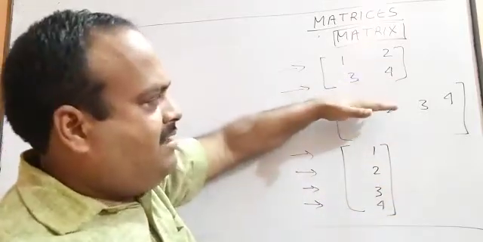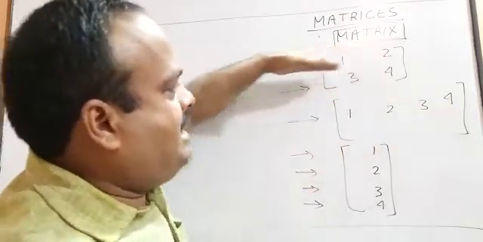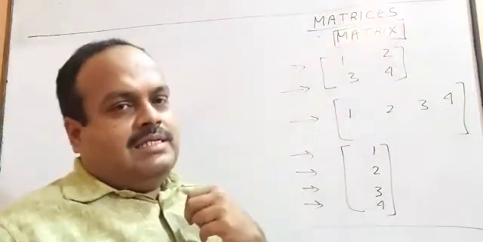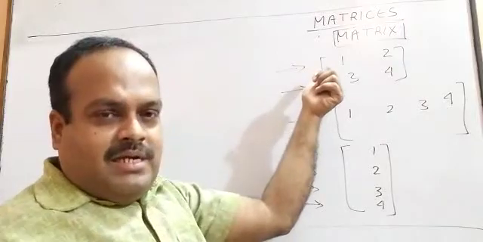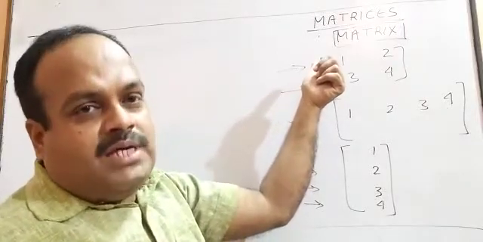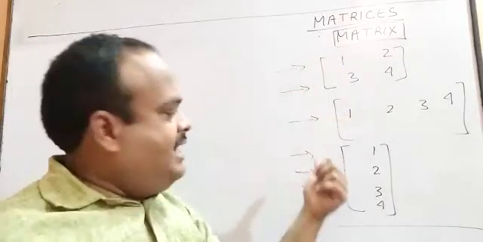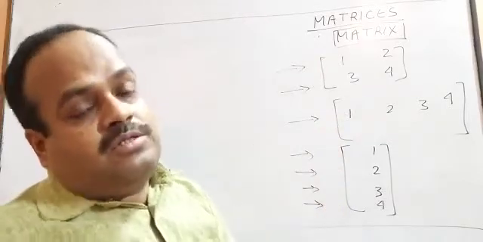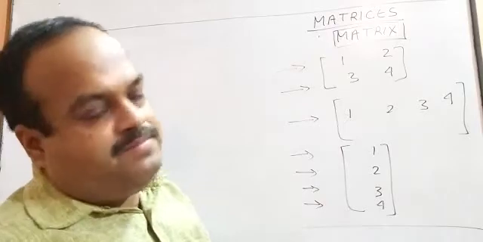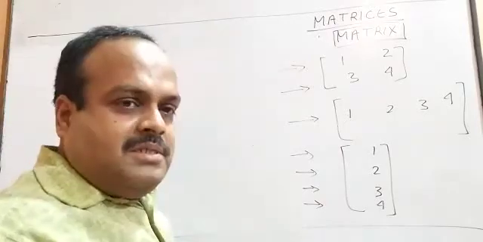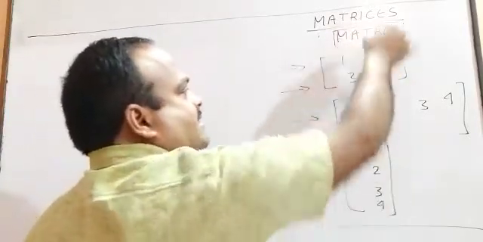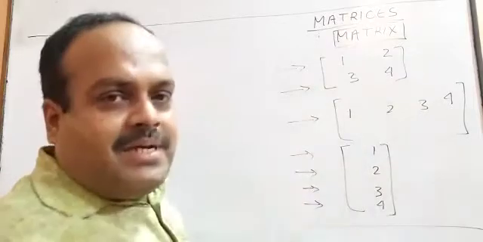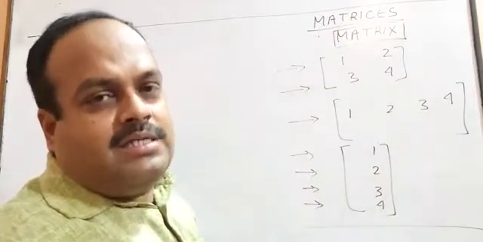We have only 1 horizontal line. Here we can have only 2 horizontal lines. So in this arrangement, 2 rows we have, 1 row we have, 4 rows we have. Now how do we count the columns? To count the columns, we just imagine the vertical lines present in the arrangement.